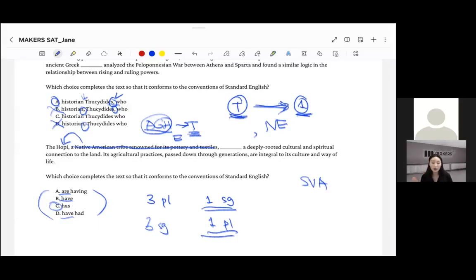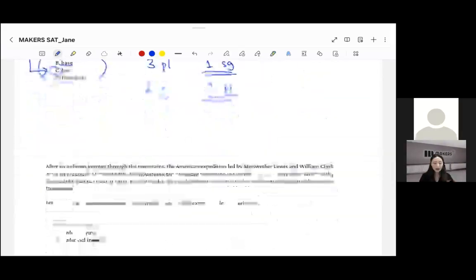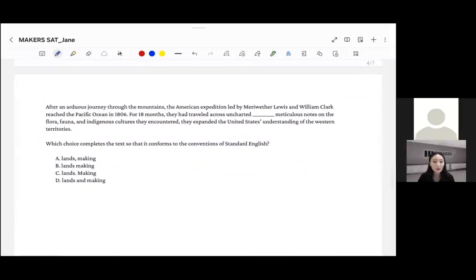So this is a hint that you could keep in mind to double check what you have selected. But ultimately, to properly address subject-verb agreement questions, you would have to correctly identify what the subject is. And here, it would be the Hopi, which is a singular one. Yes. So our last grammar question, let's take a look.